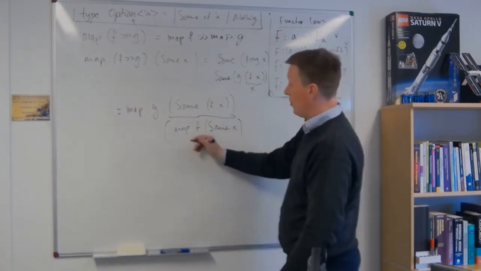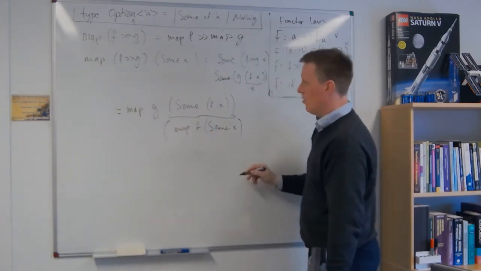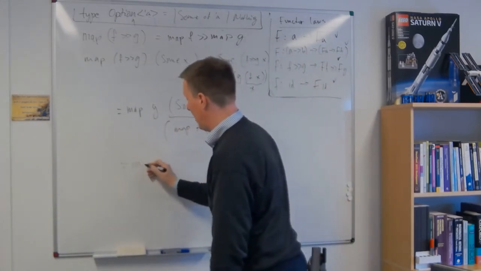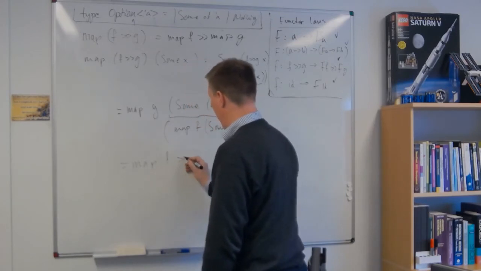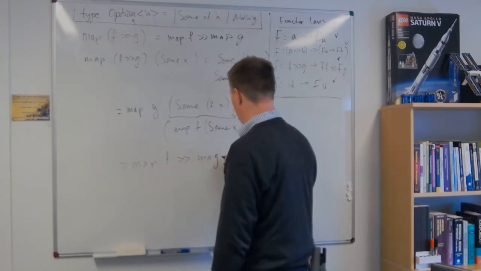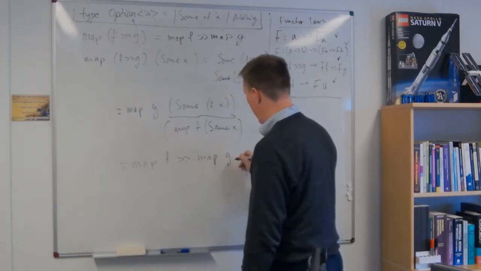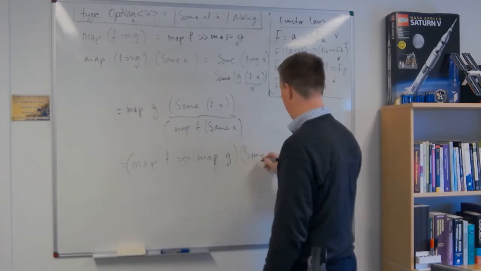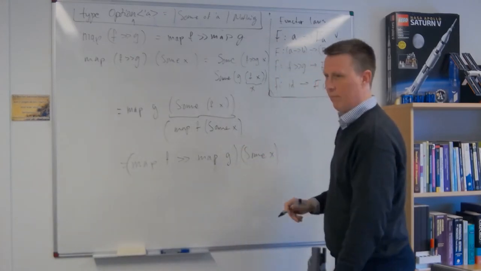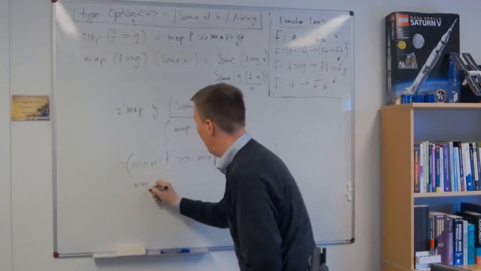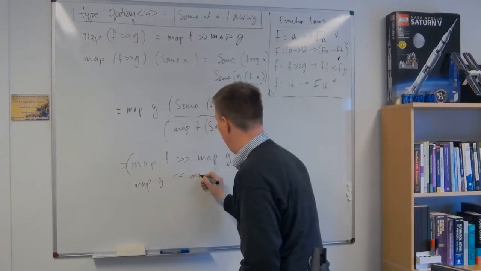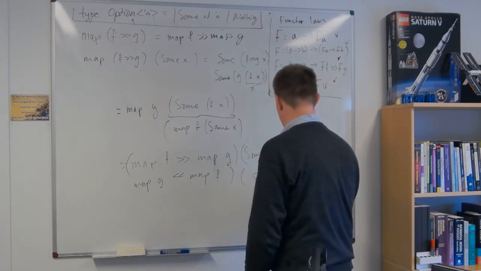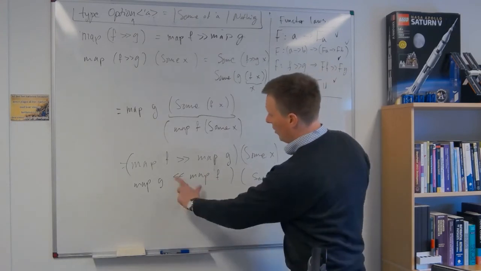Now you see that the g's and f's are kind of swapped here, but that's just because f is applied first and then g, which is actually the same as saying map f, map g on sum x. I could of course say map g map f sum x. So I can just flip those.